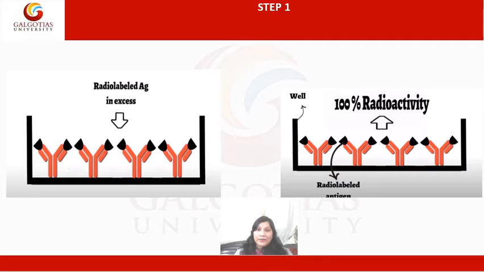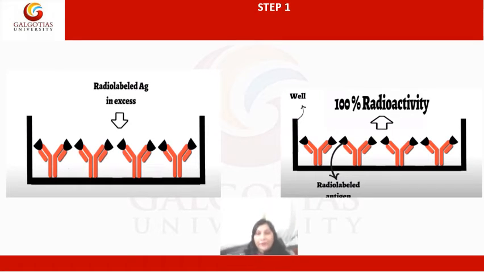What will happen? These radio labeled antigens will bind with the antibodies. As we are taking these antibodies in excess, no antibody will be left unbound, and the next step will involve washing of the microtiter plate so that we will have all the antibodies bound with radio labeled antigen, and no free antigen or antibody left in the microtiter plate.